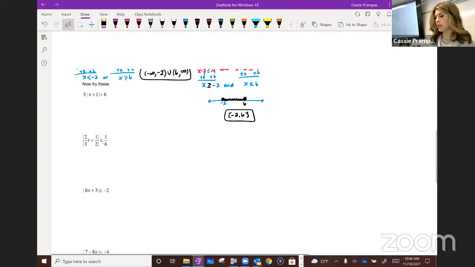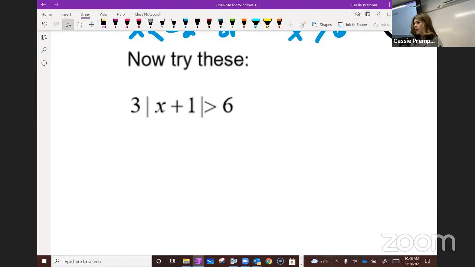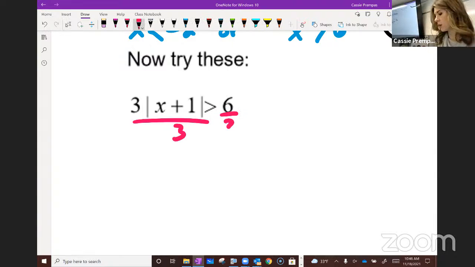On to the next one. What do you think we're going to have to do before we actually undo the absolute value symbols? Divide by 3. Get it alone. Awesome. So we're going to divide by 3, divide by 3. And I would have the absolute value of x plus 1, that cancels, is greater than 2.